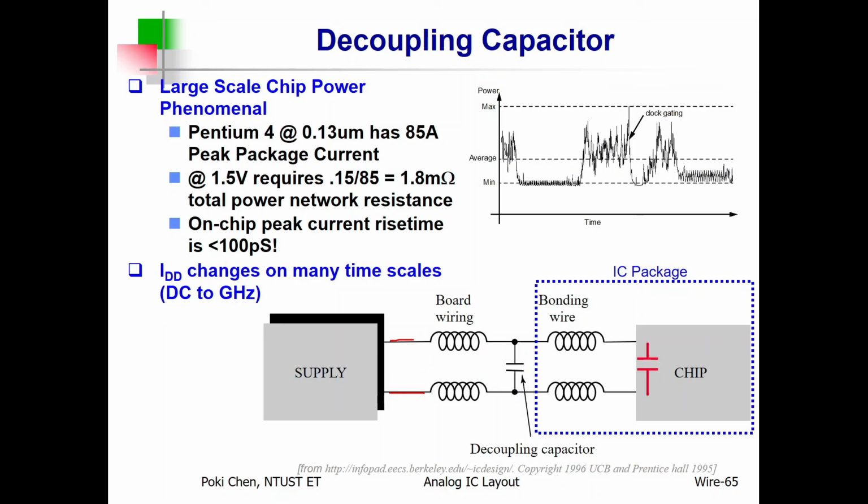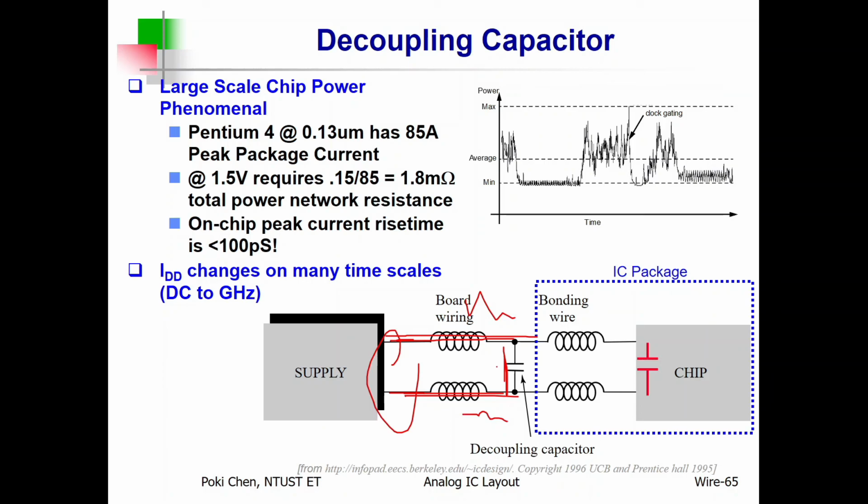But the power supply needs to be connected to your chip through the wires on PCB. PCB wires also have parasitic inductance, resistance, and so on. So even though the output of the power supply is stabilized, after going through the long PCB wires to your chip, the voltage here is still fluctuating.